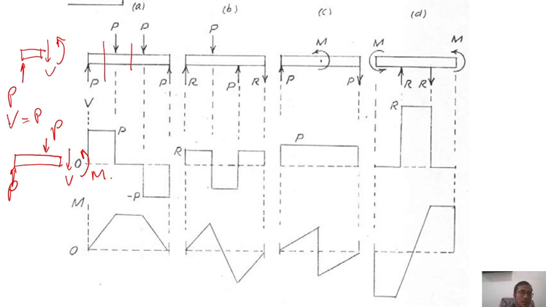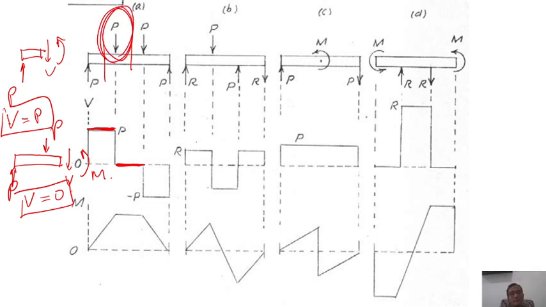Using sigma Fy equal to 0: P going up minus P going down minus shear force equal to 0. So what I will get is shear force equal to 0. So basically, the first equation works for this side, and the second equation works for this part. So you can see there is a jump automatically, and the jump will be the same value as this one.